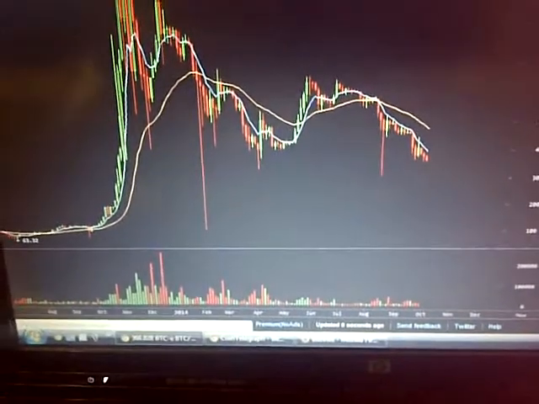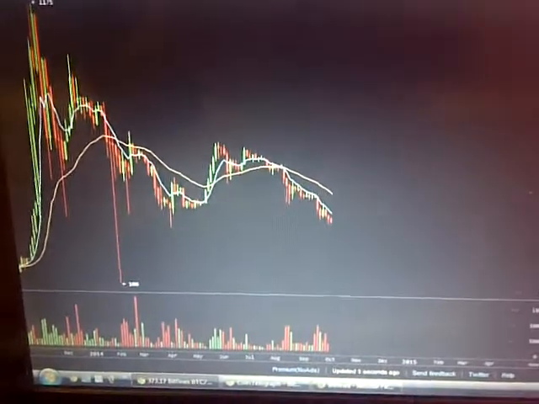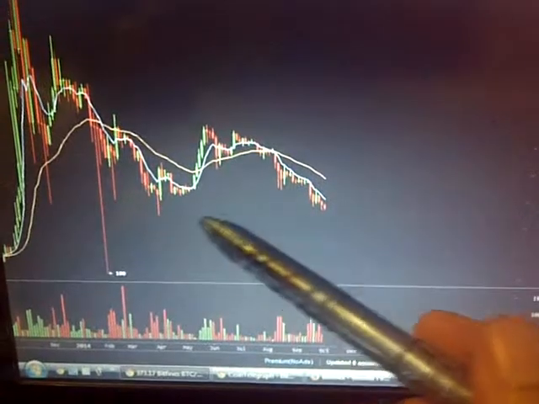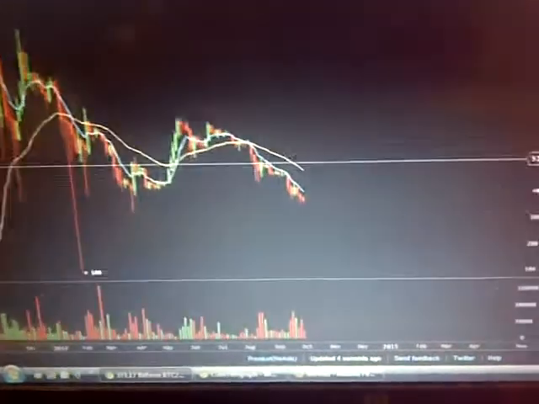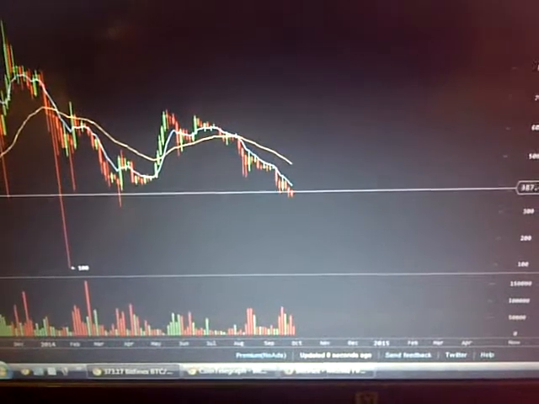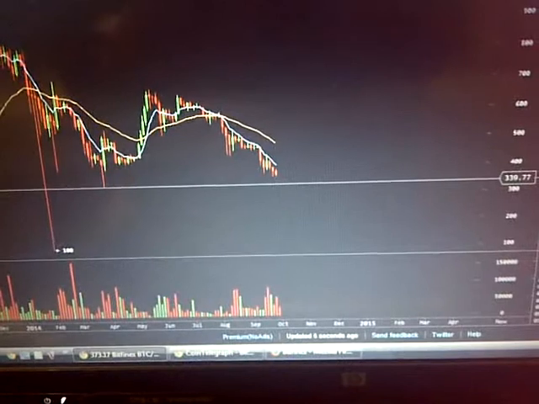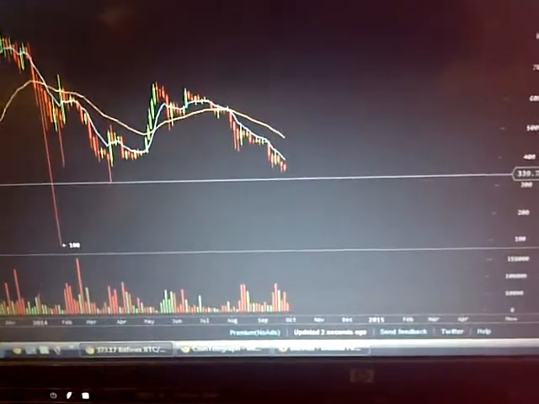Now, Bitfinex doesn't have too much history to it, but again, you can get an idea. Here's the same idea here. Whatever the price is, around it says 339, so 340, same thing.